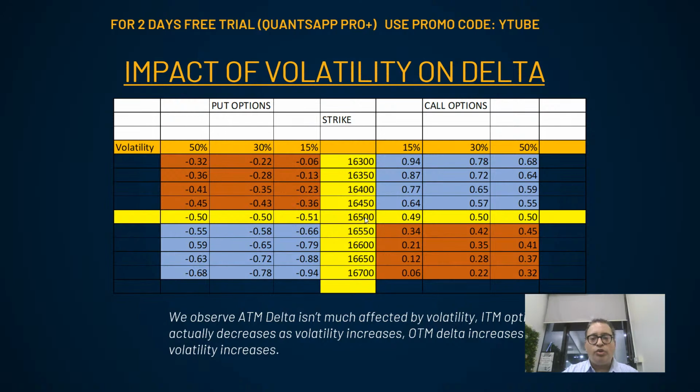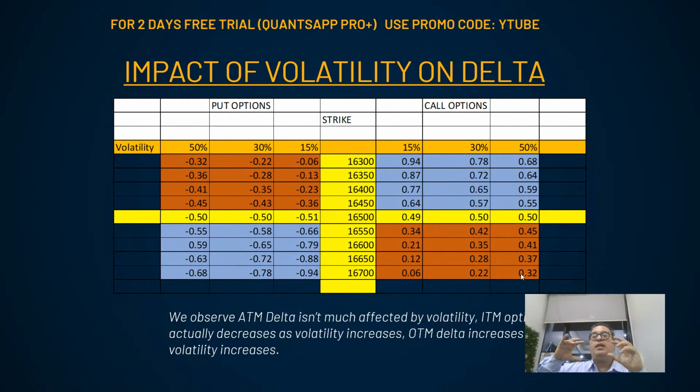Now again, in out of the money options, because of the swings being large, the probability of the out of the money option becoming in the money is slightly better off. So for the 16,700 call, 15% volatility gives 0.06, 50% volatility gives 0.32, because higher volatility means there will be large fluctuations.